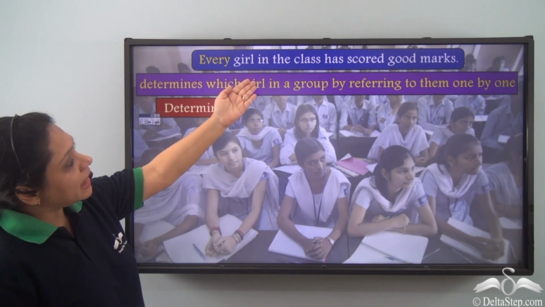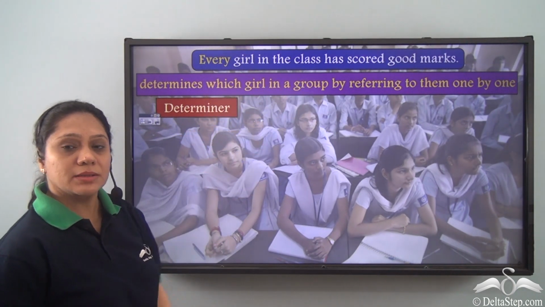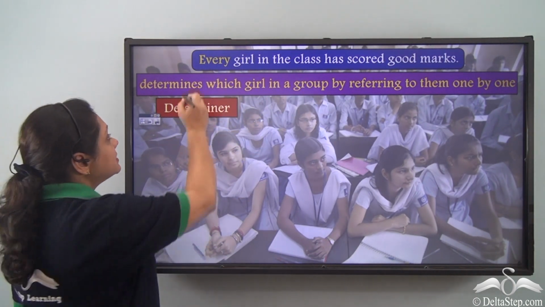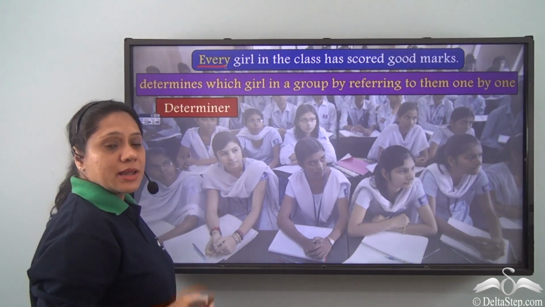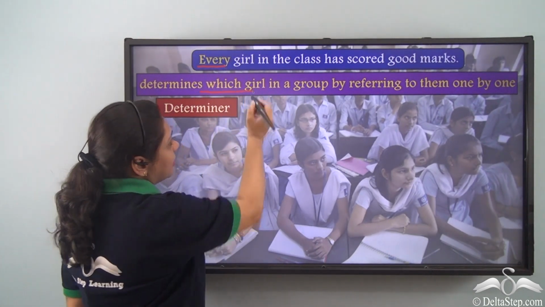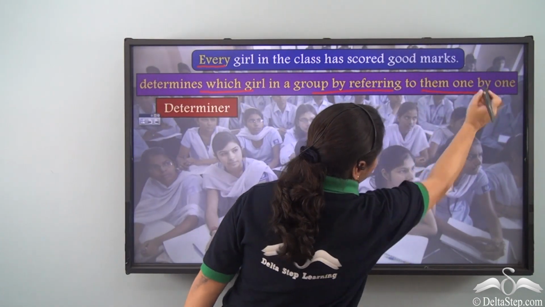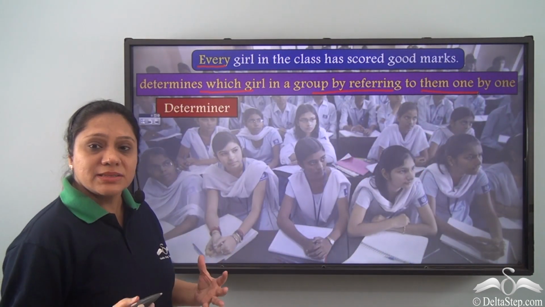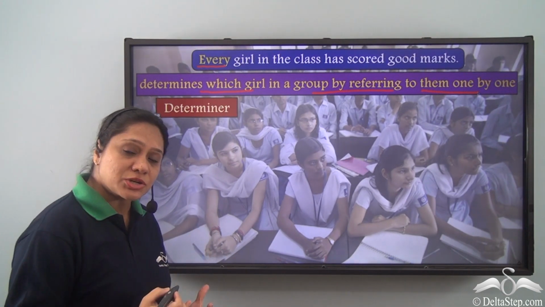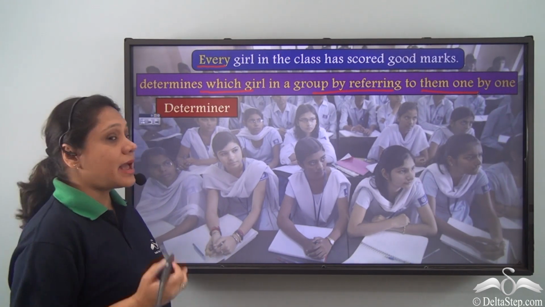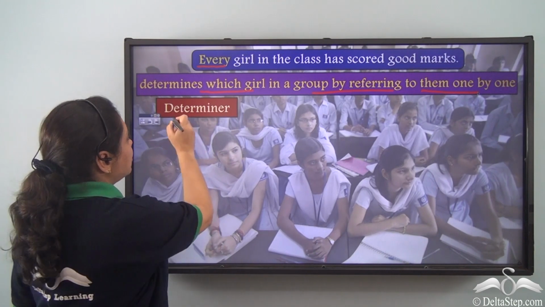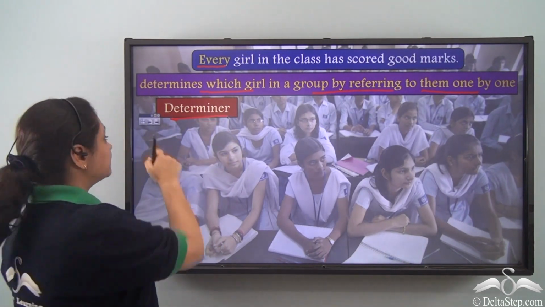Every girl in the class has scored good marks. Now in this sentence, the word every determines which girl in a group by referring to them one by one. So in a class, we are referring to each girl one by one. Hence, in this sentence, every is a determiner.